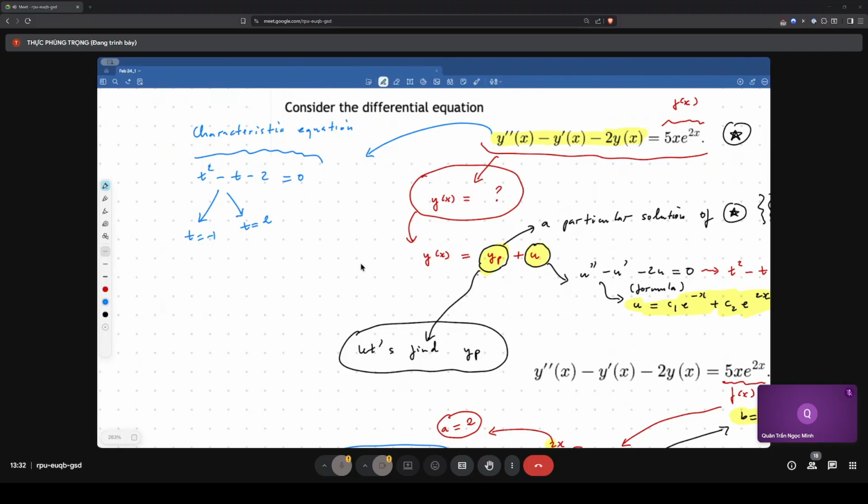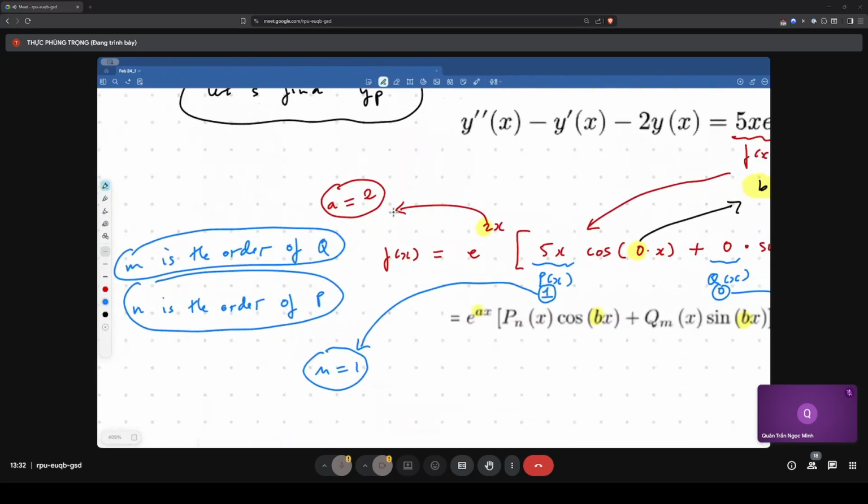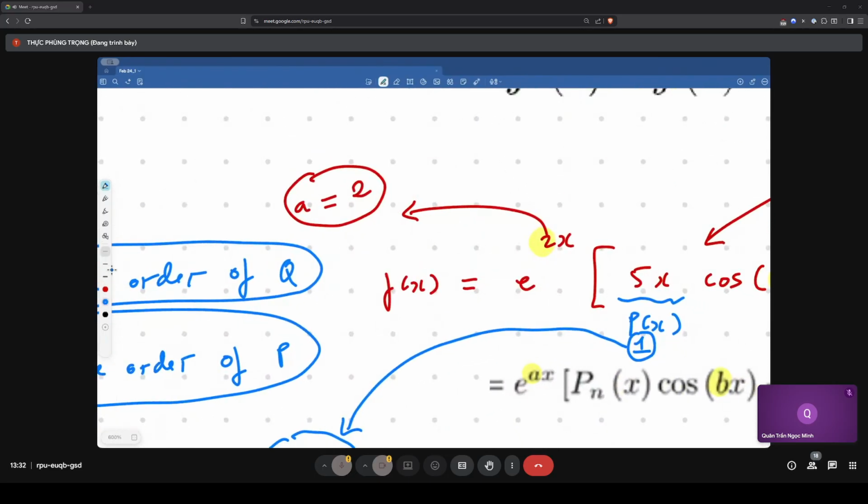In this, you need to compare A with the solutions of the characteristic equation and see which situation you have in these three situations. Now let's go back to A. In our question, what is A? So A is the number 2.